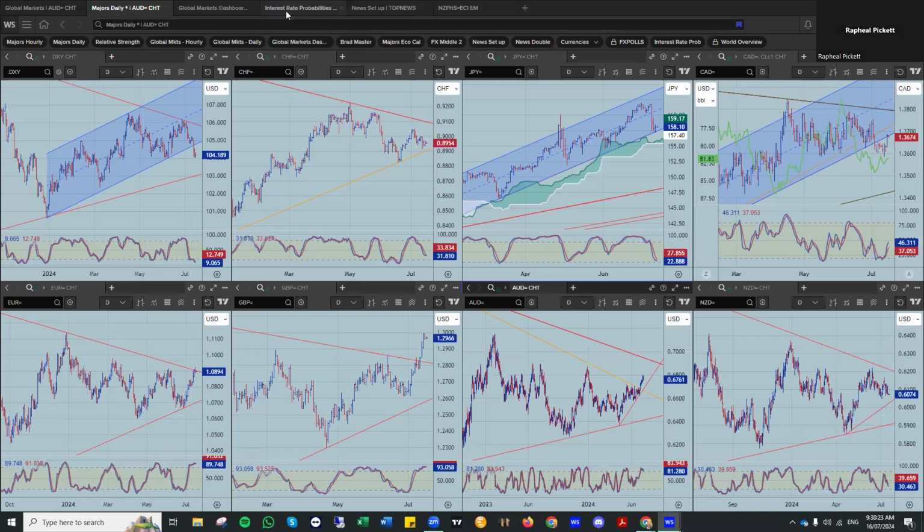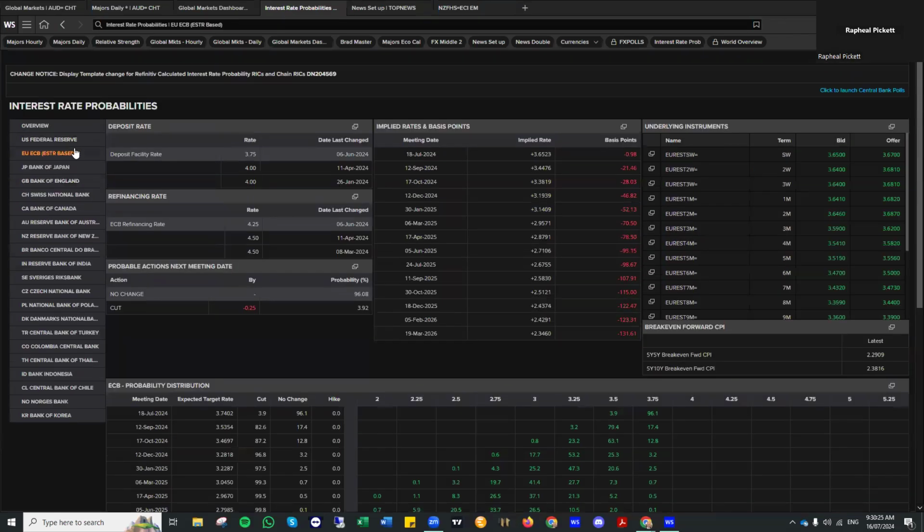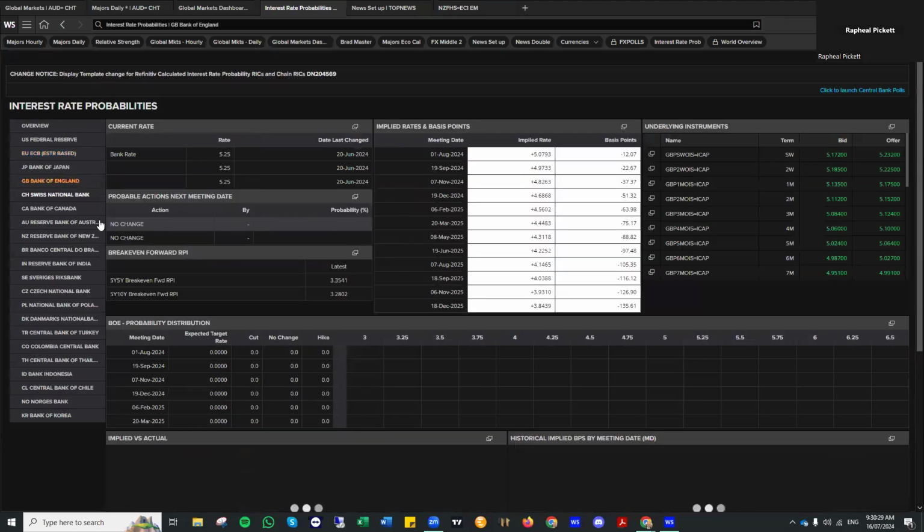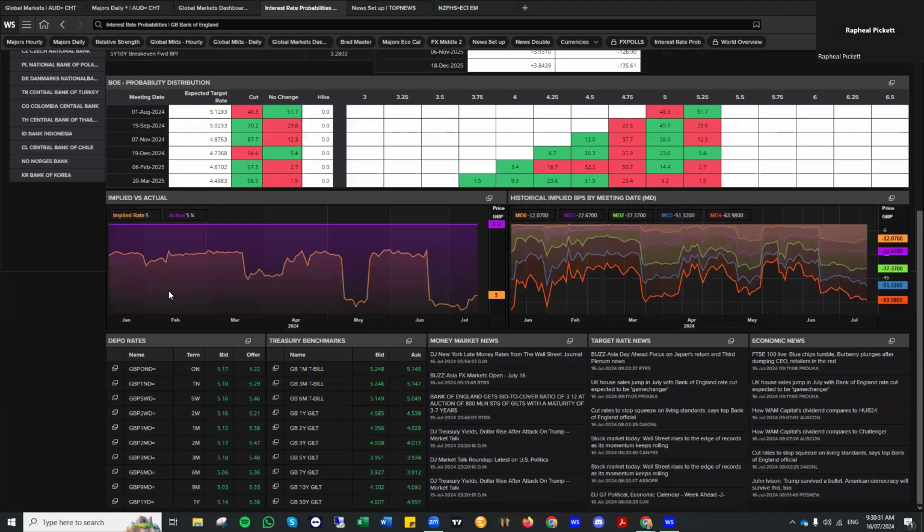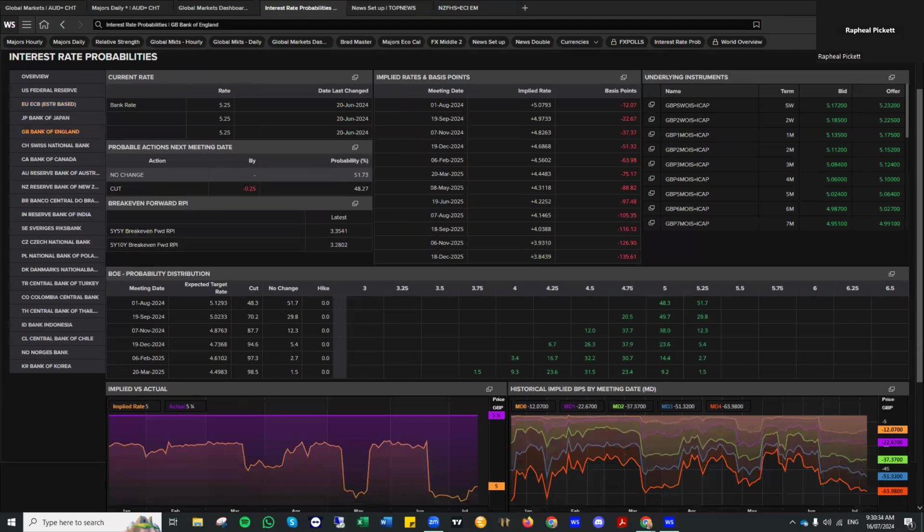So then you come back and you just have a flick through the major central banks. So Bank of England, I won't worry about Japan because they're not doing anything. Okay, so we look at the interest rate probabilities here for the Bank of England. Now this next meeting, it's a line ball decision, right?